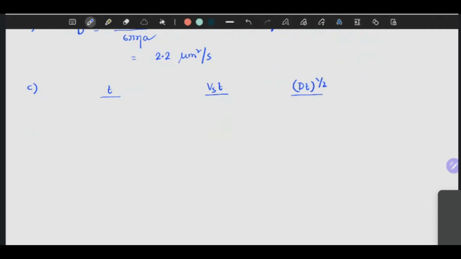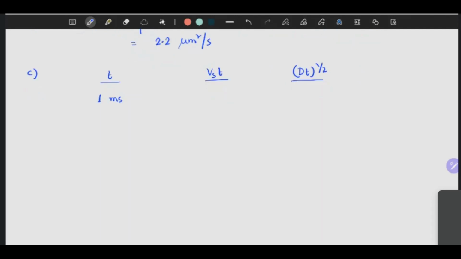If you start with 1 millisecond and substitute the value of the sedimentation speed and other things, it comes to about 2.2 picometer, and root Dt will be 47 nanometer.